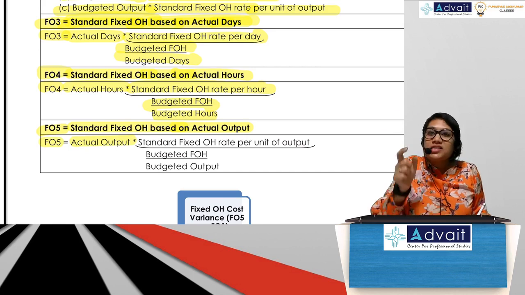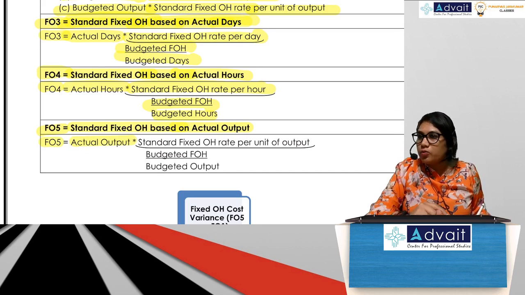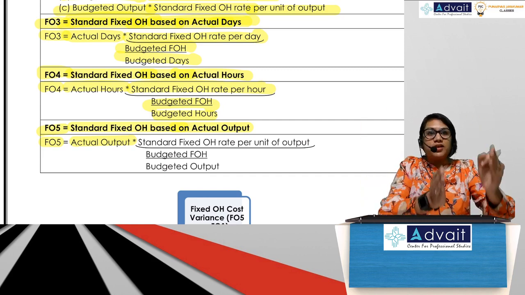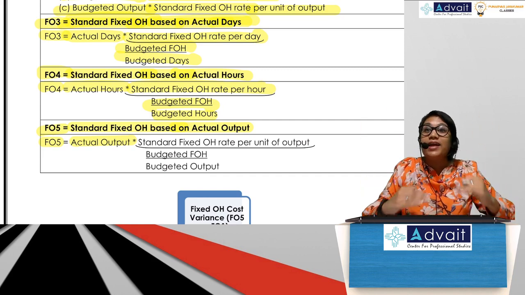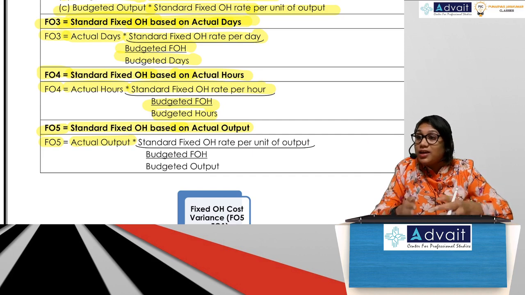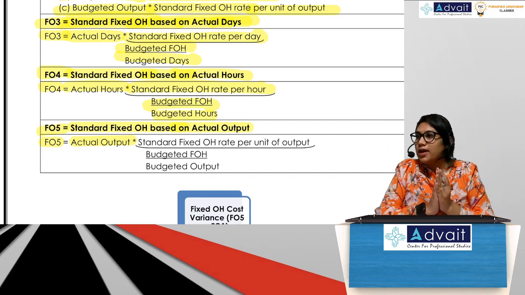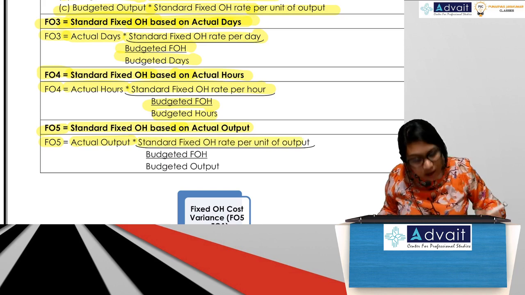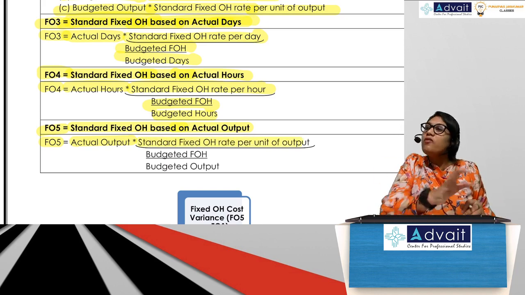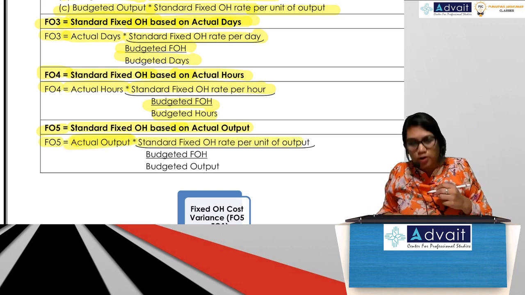So how do you get standard fixed overhead rate per unit of output? Total budgeted fixed overhead divided by budgeted units or budgeted output or standard output, whatever be the case. You will get your standard fixed overhead rate per unit of output. You multiply that with actual output.